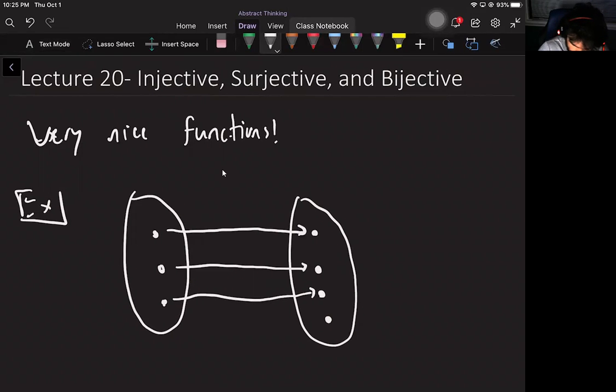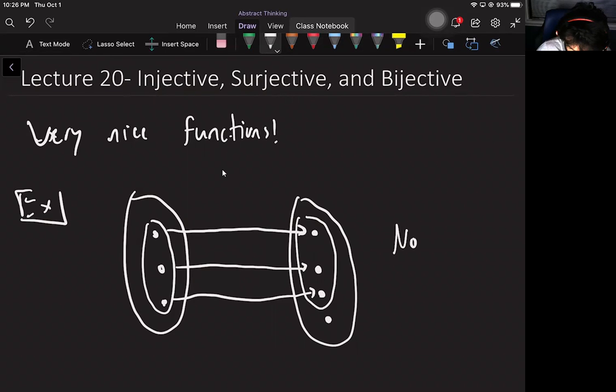And that is, if you look over here, it's sort of like there's a copy of the first set inside of the second set. And what's going on is there's no overlap. So no two elements go to the same place.